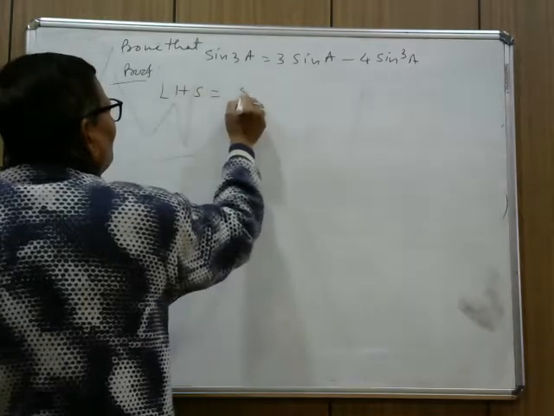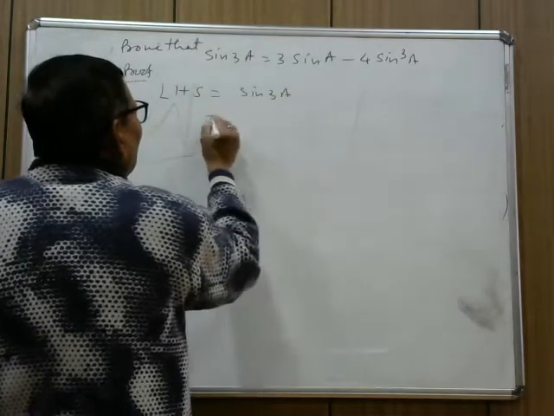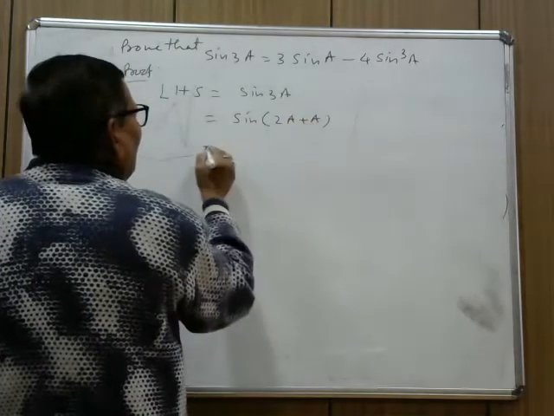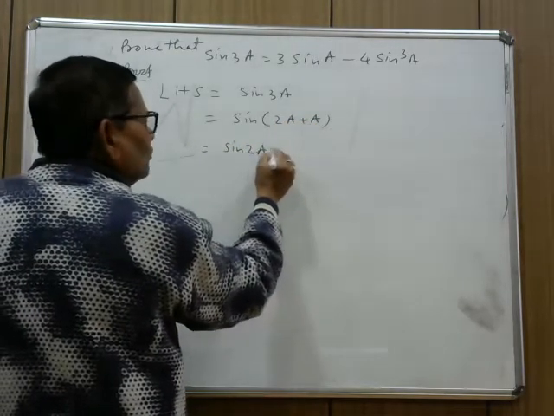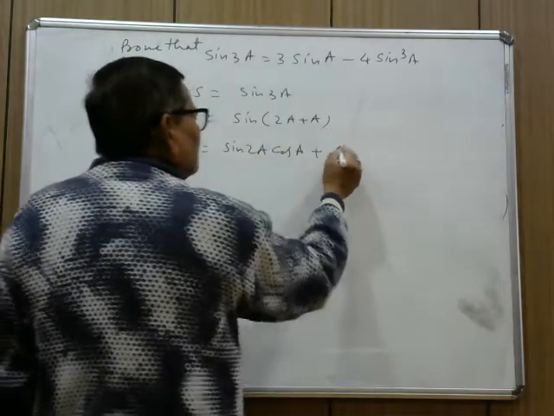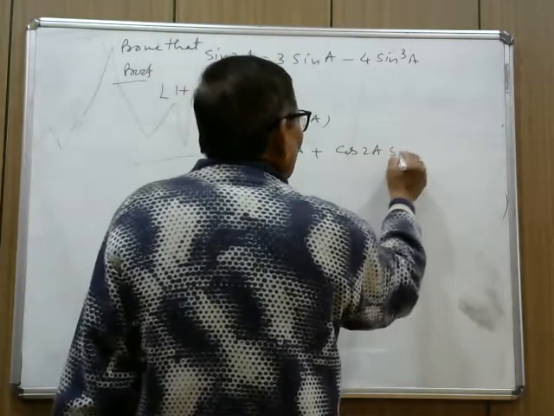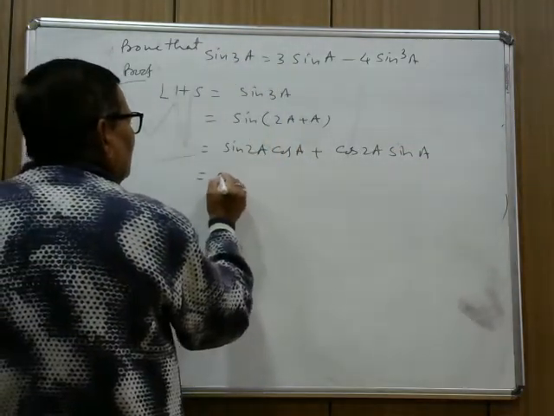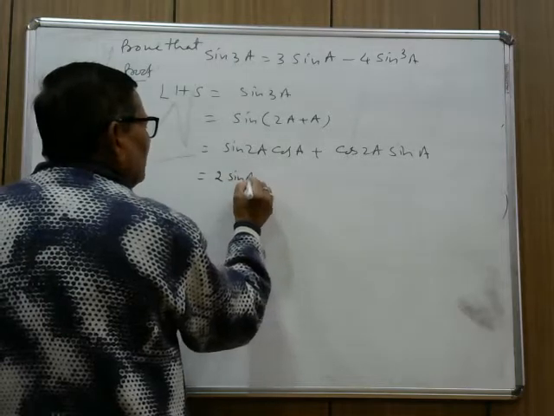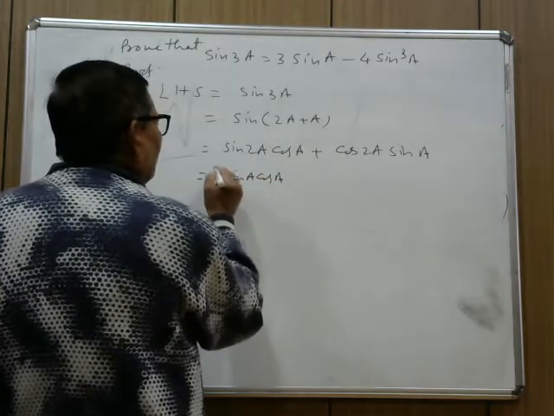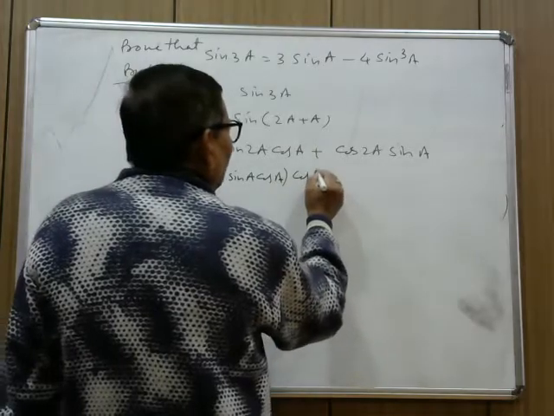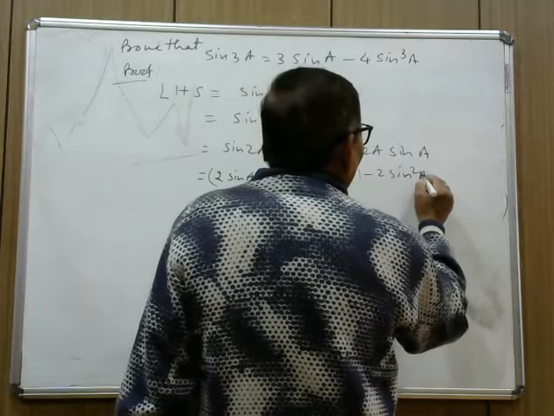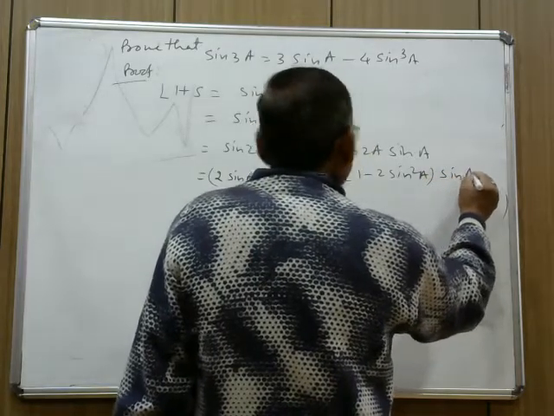LHS equals sin 3A, that is equal to sine of 2A plus A, that can be written as sin 2A cos A plus cos 2A sin A. You have to change this formula in terms of sin A. So sin 2A is 2 sin A cos A, this is the value of sin 2A, into cos A. Plus this is 1 minus 2 sin square A, this is the value of cos 2A, into sin A.